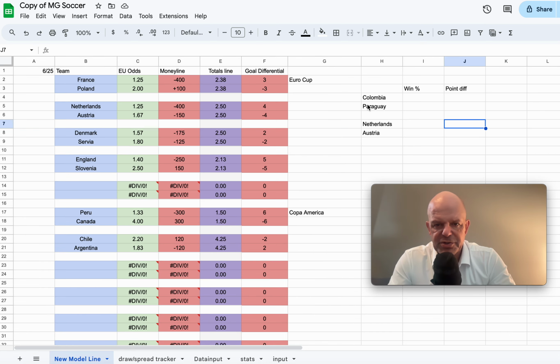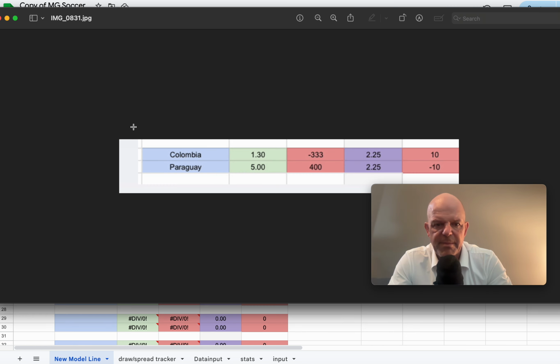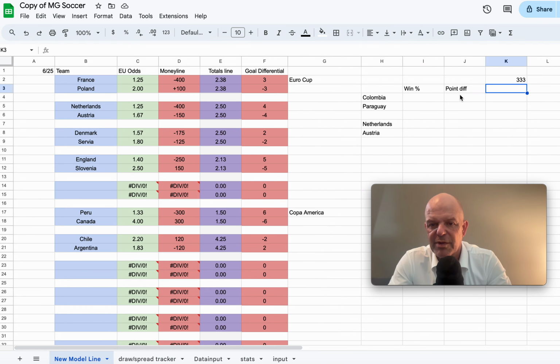So the first thing we're going to do is, minus 333, to get that to zero is 333 points. And then to get Paraguay at 400 to zero is basically 400 points. So the point differential between these is 733 points.